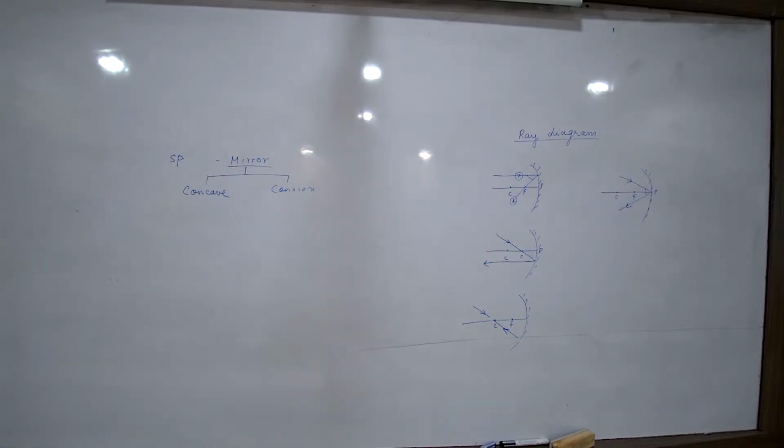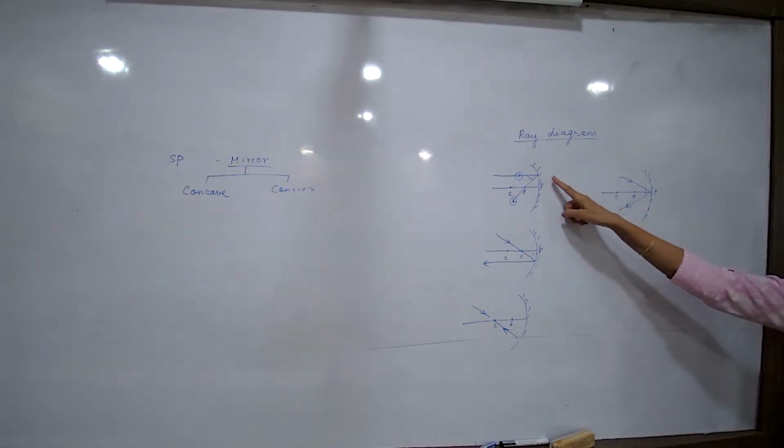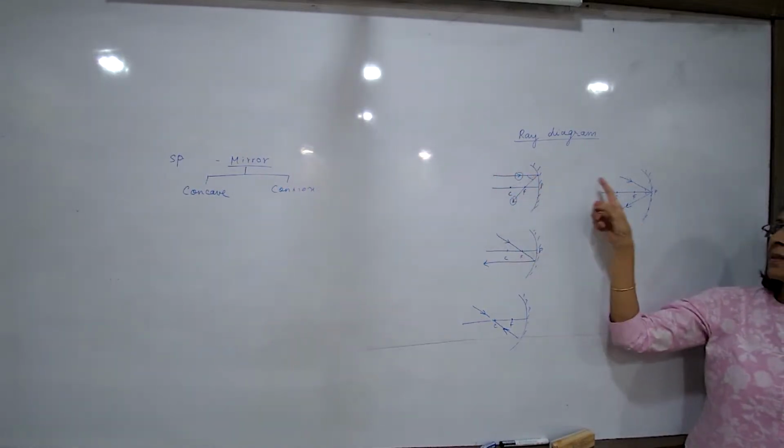Draw the fourth diagram. Okay, how will we describe this diagram? How is the incident ray? Correct, but how will you describe this ray? We have described the earlier one as parallel to the principal axis. How will you describe this ray?